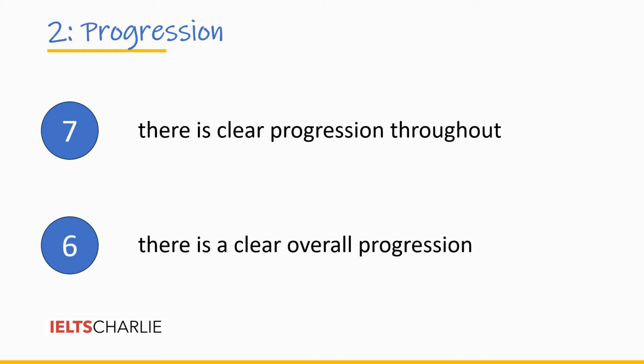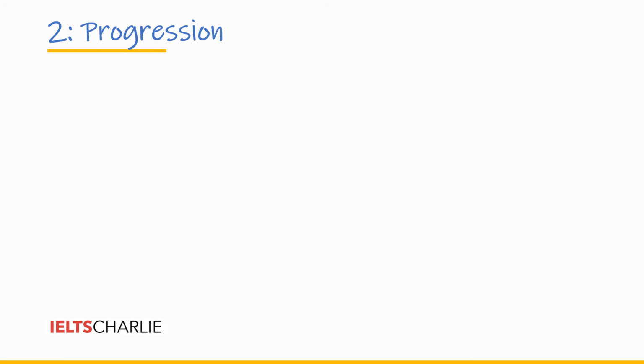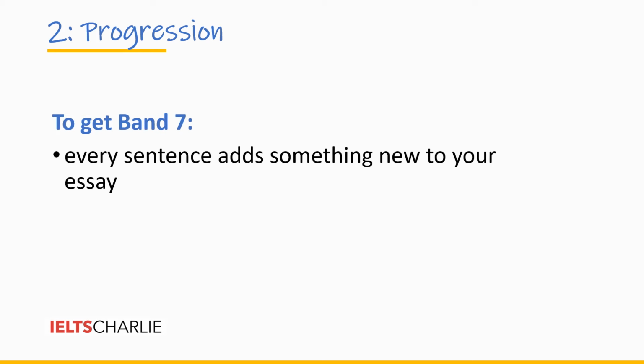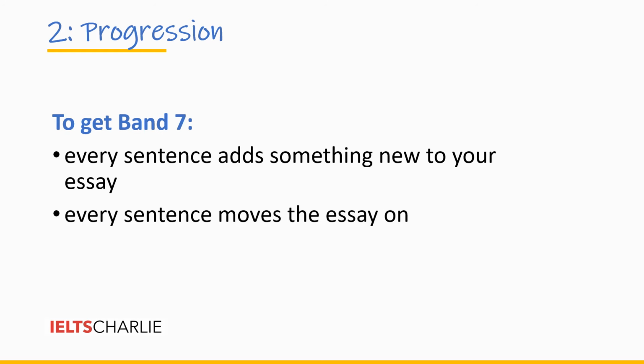There is no repetition. So to get a Band 7, you need to make sure that every sentence adds something new to your essay. So every sentence moves the essay on. Every sentence allows the essay to progress. The essay doesn't get stuck anywhere.